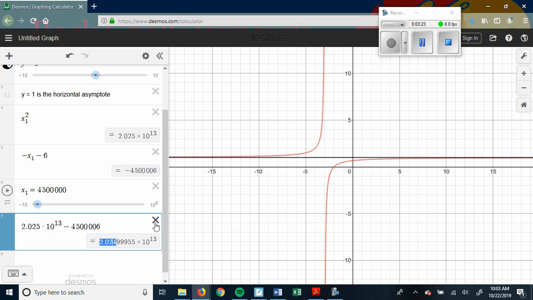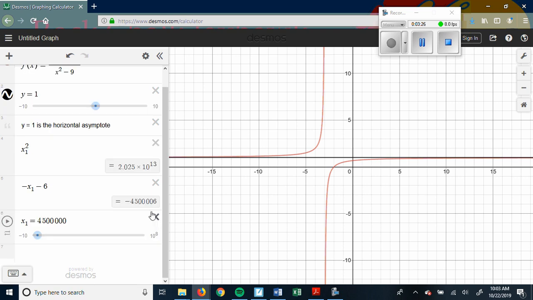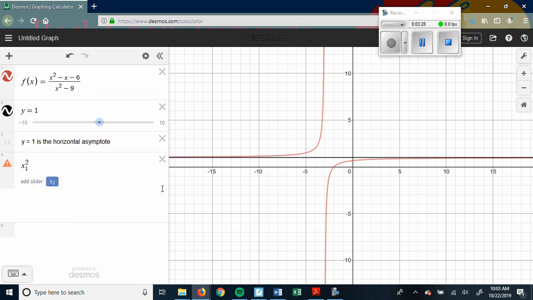The whole point of that was that x squared dominates when x gets big. So this dominates this. If we only focus on the biggest aspect of it, x squared, well, what's x squared divided by x squared?